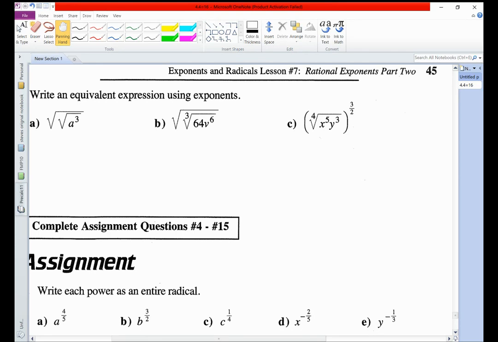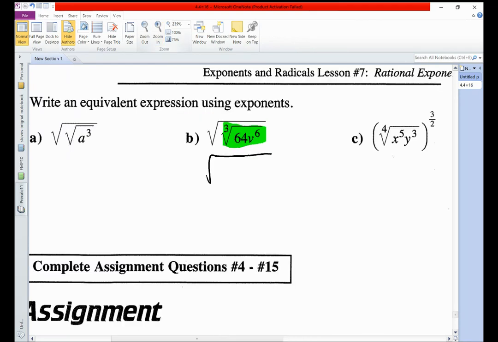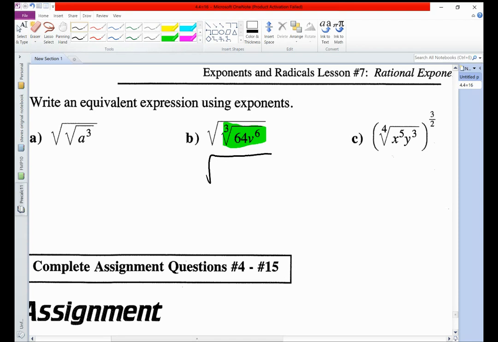So we can rewrite what's under here if you'd like. So it's going to be the square root of 64 v6. Zoom in one more time. Might make my life a little bit easier. I don't have the dexterity to draw these little things here. 64 v6.